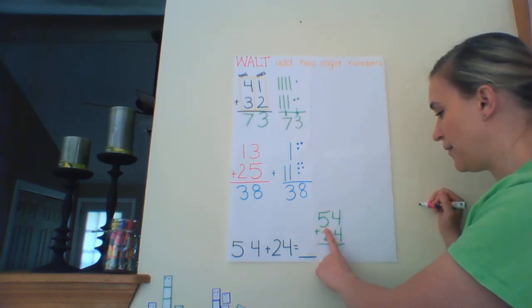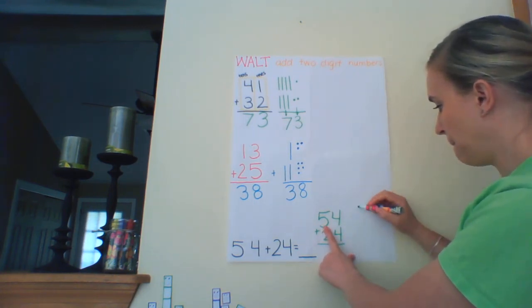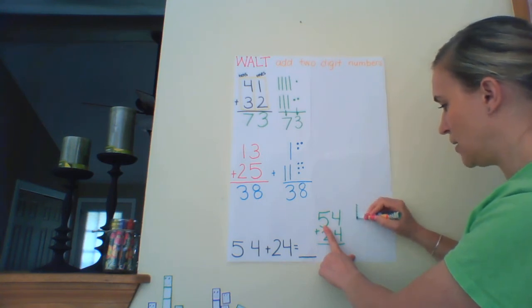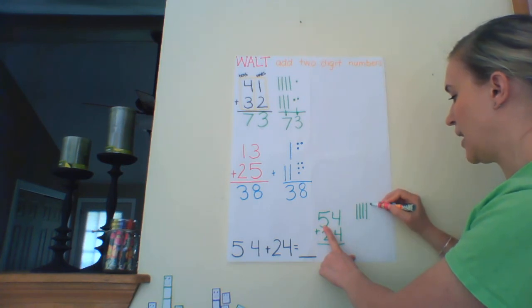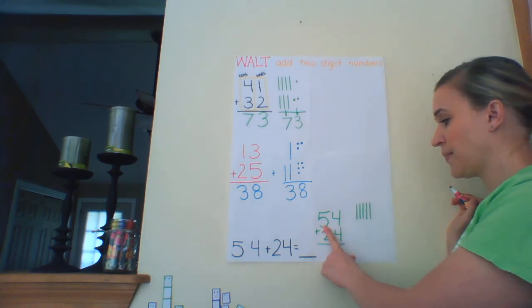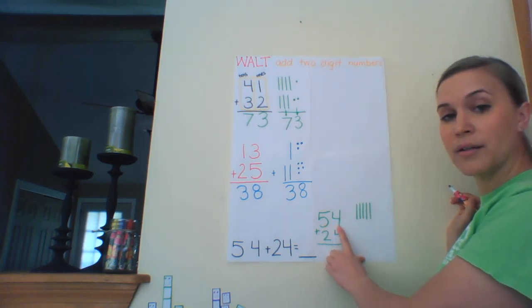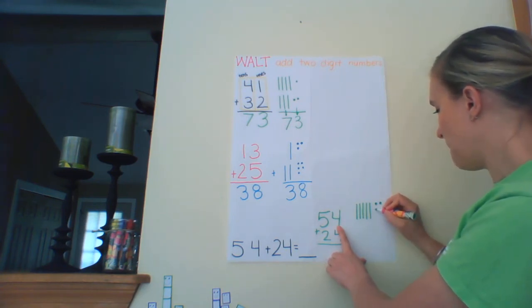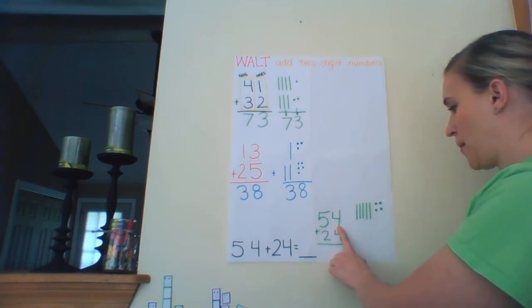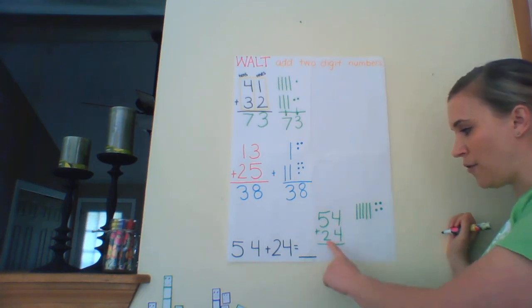How many 10s are in 54? 5 10s: 1 10, 2 10s, 3 10s, 4 10s, 5 10s. How many 1s are in 54? 4. Okay. Now let's look at 24.